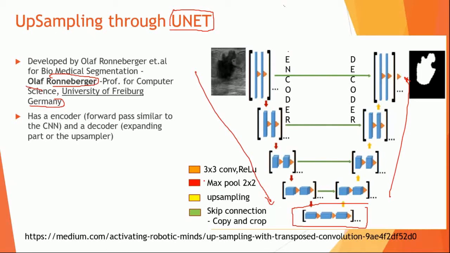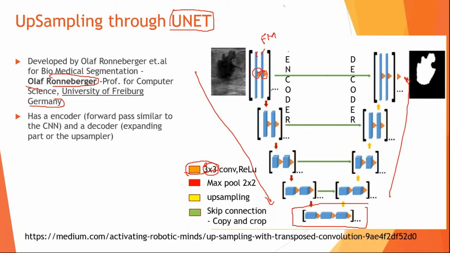This forward pass is very similar to the CNN, which means you start at this image, you give an input, and these blue ones are the feature maps. These orange ones are basically 3x3 convolutions. By default, he was using only 3x3 convolutions, and a ReLU layer basically removes all the values that are below 0.